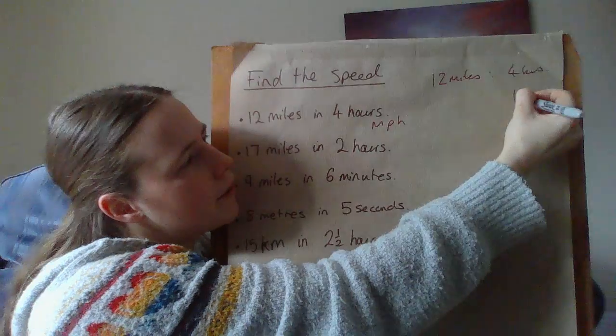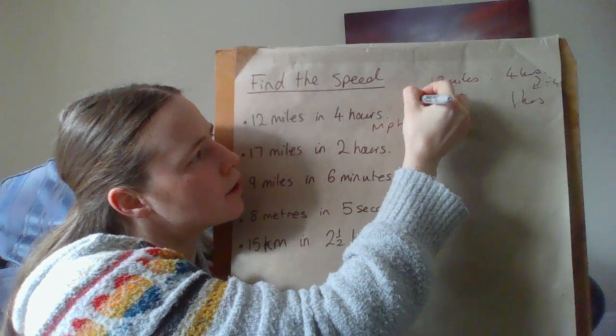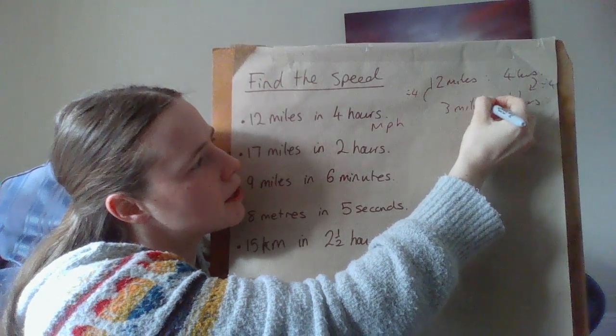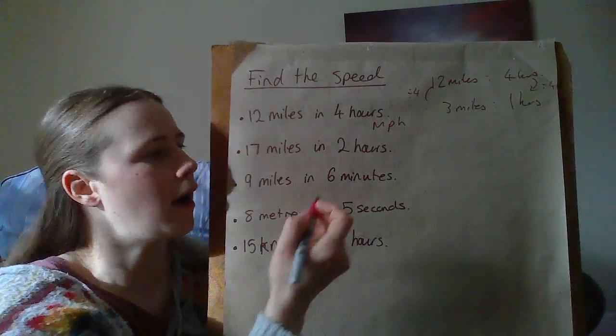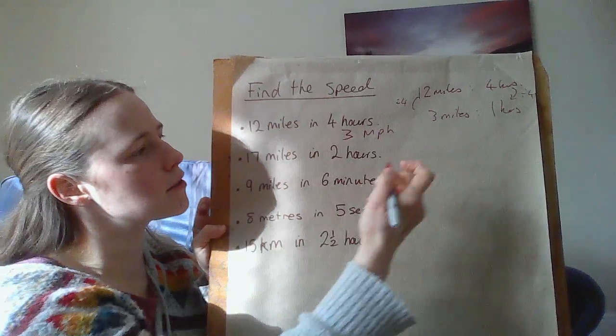So if I make that a 1, I'm going to need to divide by 4. 12 divided by 4 is 3. So this is telling us that in 1 hour we're going to get 3 miles, so we're travelling at 3 miles per hour.